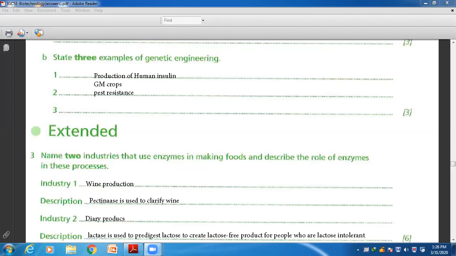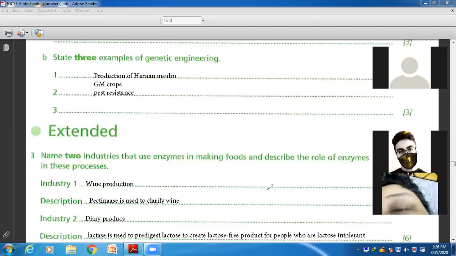Another question is, what is the difference between biotechnology and genetic engineering?